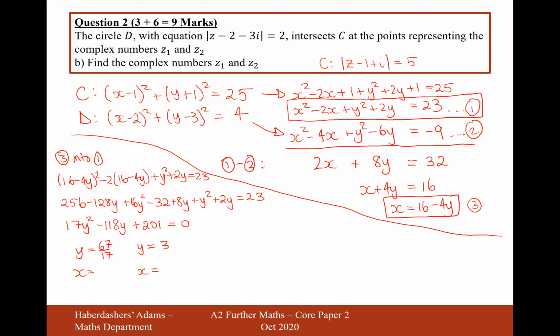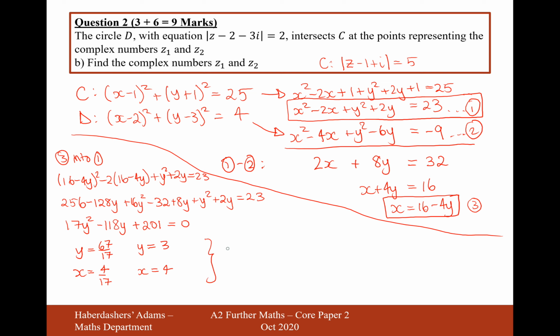So if I save the first one as A and the second one as B, get back to my normal mode on the calculator, then it's going to be 16 minus 4 lots of A, which is 4 over 17, and the second one is going to be 4. Lovely, so there we are.